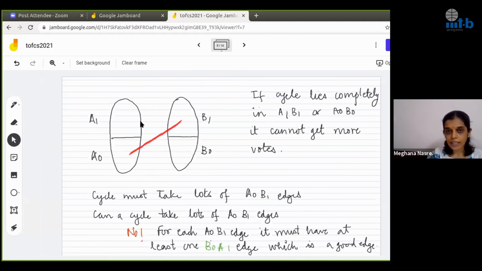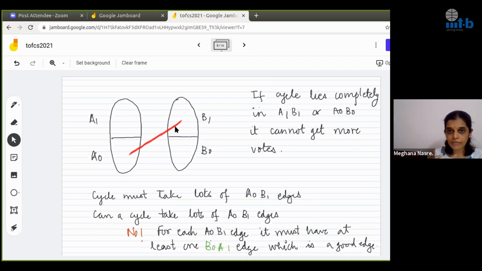If the cycle completely belongs to this A1 B1, then the cycle consists of only unmatched edges which are harmless edges, or which are containing one vote for M, the other vote for N. So if it is completely contained inside the A1 B1 part or A0 B0 part, we are safe because we don't have anything to worry.